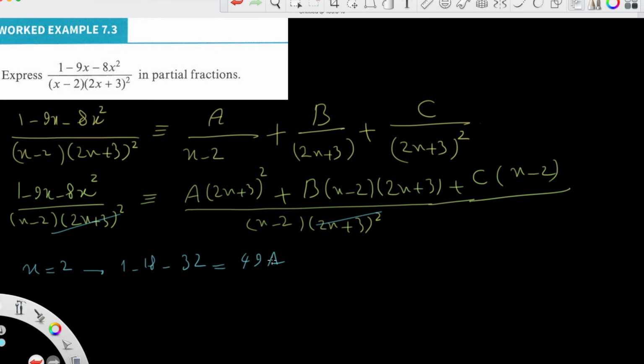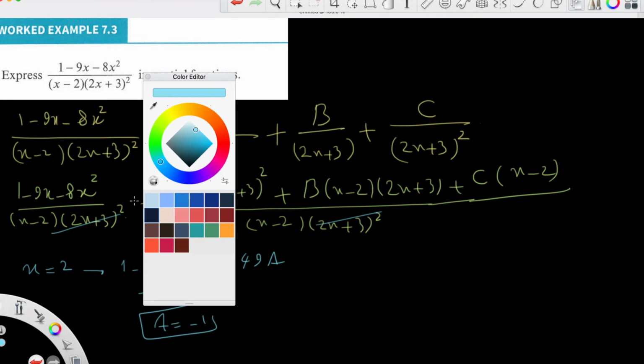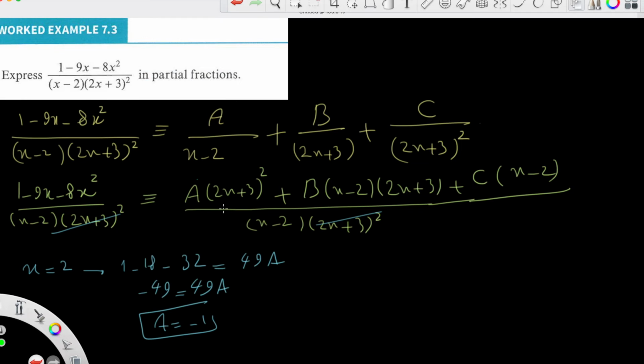So on the left hand side we have minus 49 is equal to 49a, then a will be negative 1. Now a is negative 1.